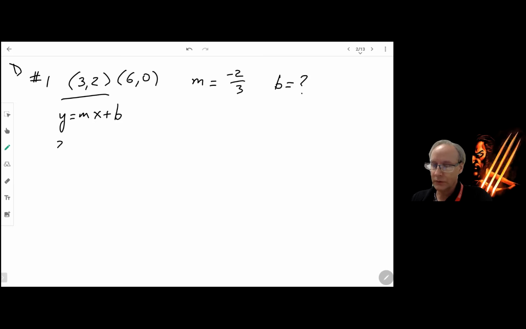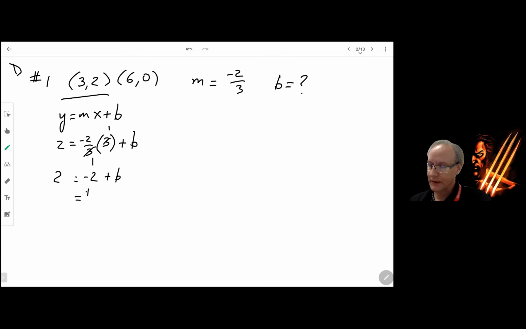y is 2. m is negative 2/3. x is, of course, 3, plus b. And we're almost done. The 3 divides literally into the 3, and we get negative 2 plus b is equal to 2. We add the 2 to both sides.